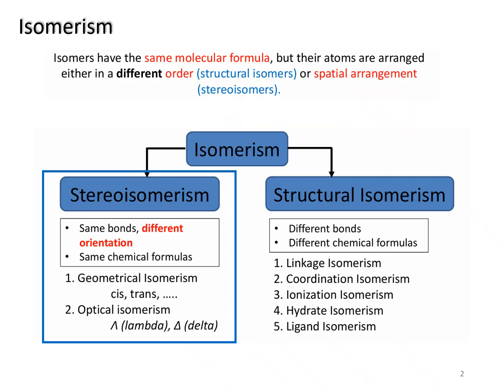Okay. Now, there are two types of isomerism. There is the stereoisomerism and the structural isomerism. So the stereoisomerism differentiates the molecules by geometrical isomerism and optical isomerism. The cis and trans conformation falls under the geometrical isomerism.